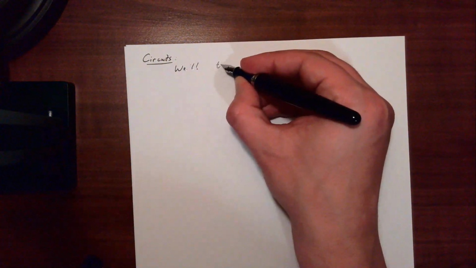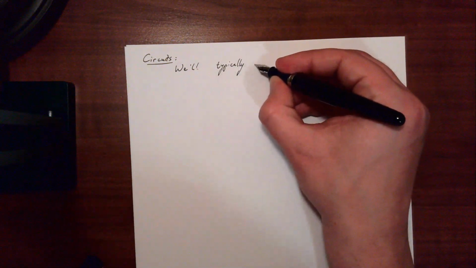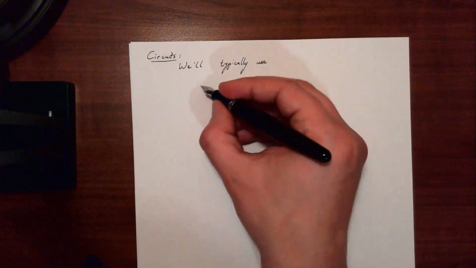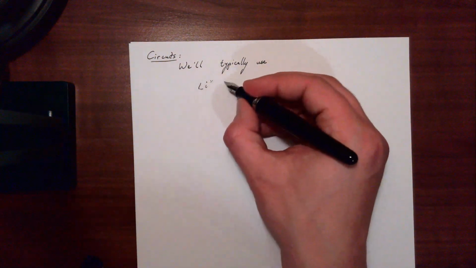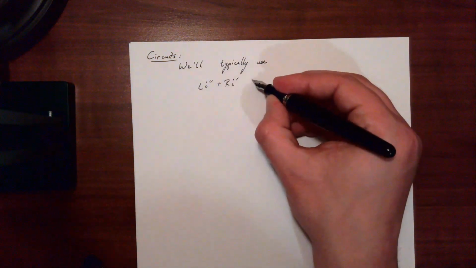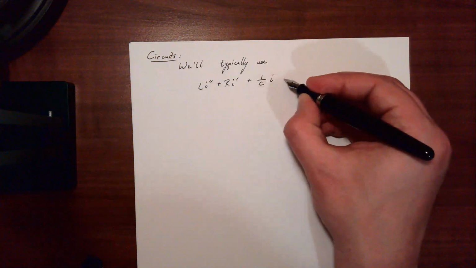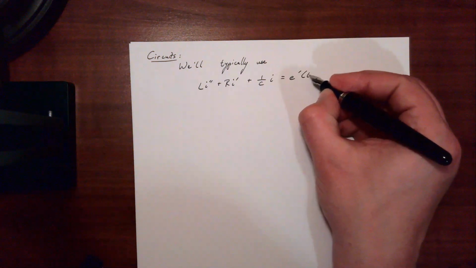We'll typically use this format, L i double prime plus R i prime plus 1 over C i equals E prime of t.